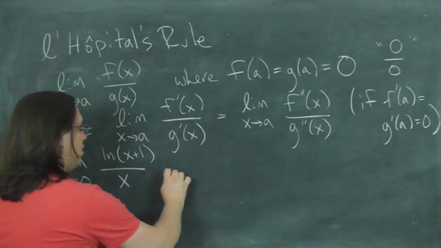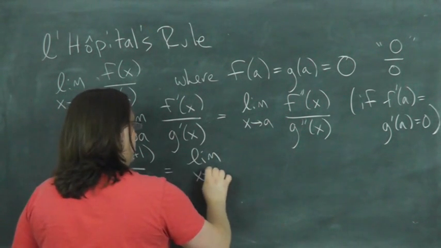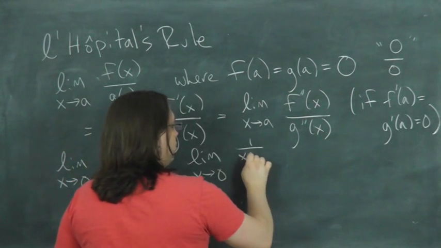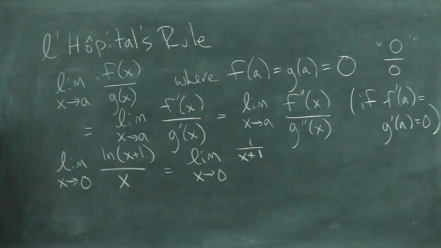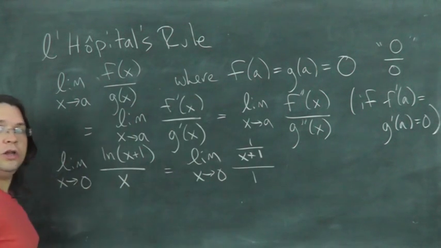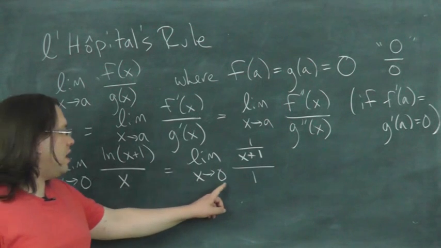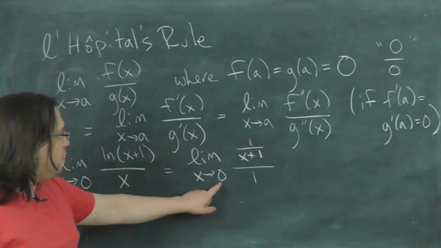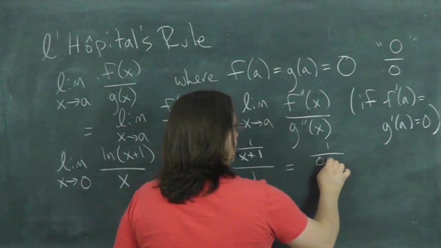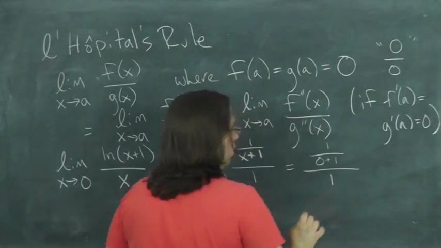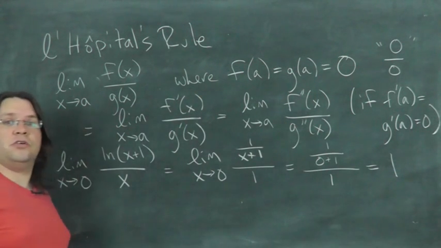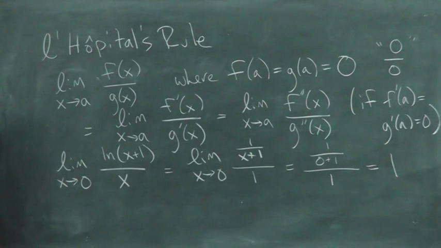So I take the derivative of the natural log of x plus 1, and that's 1 over x plus 1. Then I take the derivative of the bottom, which is just 1. And now I attempt to plug in x equals 0 again. I get 1 divided by 0 plus 1, all divided by 1. And you can see that that all simplifies to just the value 1.